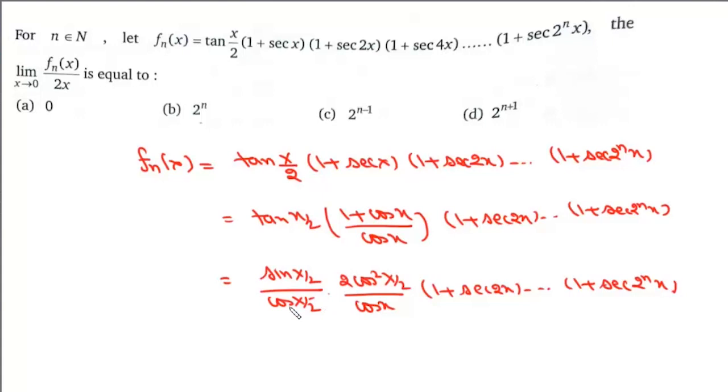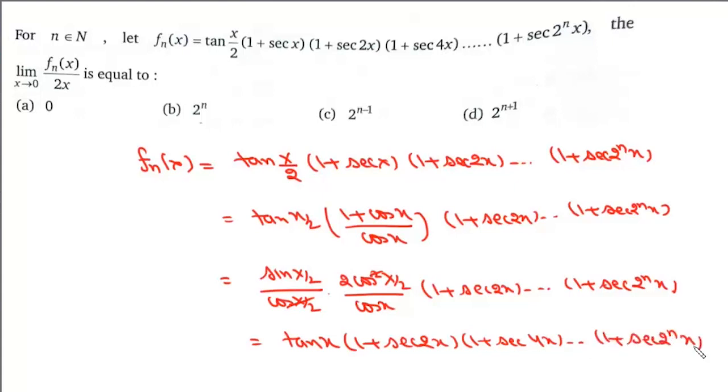Now here cos(x/2) will cancel. Now 2 sin(x/2) cos(x/2) is sin x. So we'll get this as tan x into (1 + sec 2x)(1 + sec 4x) up to (1 + sec 2ⁿx).